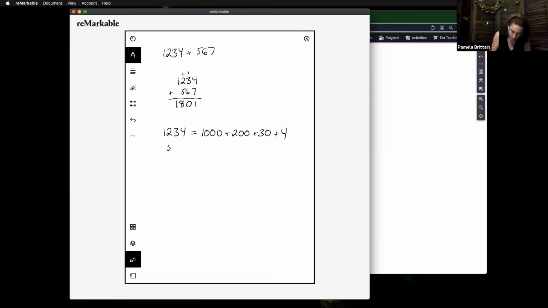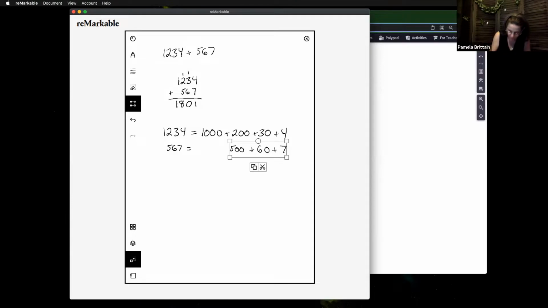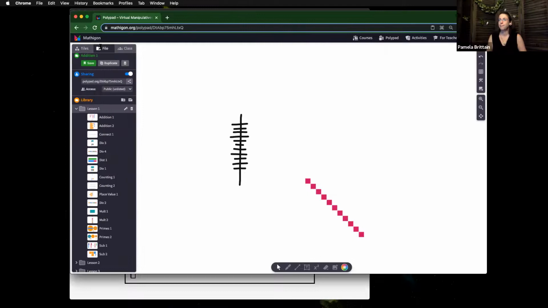Now, if we write the number 567, we get 500, or 5 100s, plus 60 plus 7. And just to make it a bit clearer, I'm going to make sure that these line up so we can see our ones, tens, hundreds, and thousands all nicely lined up. So let's look at this using our tiles.